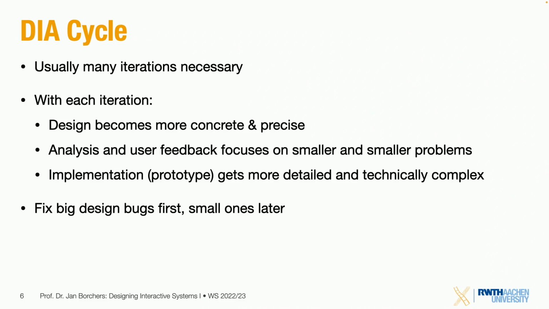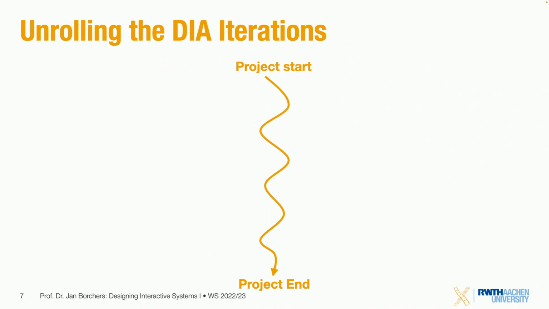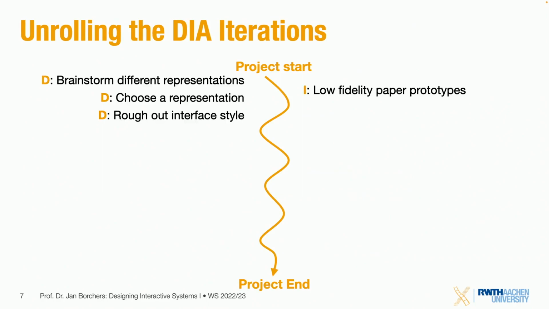So let's maybe try to make this a little bit more tangible, to unroll the DIA cycle, right? Let's imagine we have a couple of these iterations, and I'll throw a couple examples at you how this could work. So let's say you're at the start of a project up here, and you're doing your first design tasks. You might be brainstorming different representations, right?